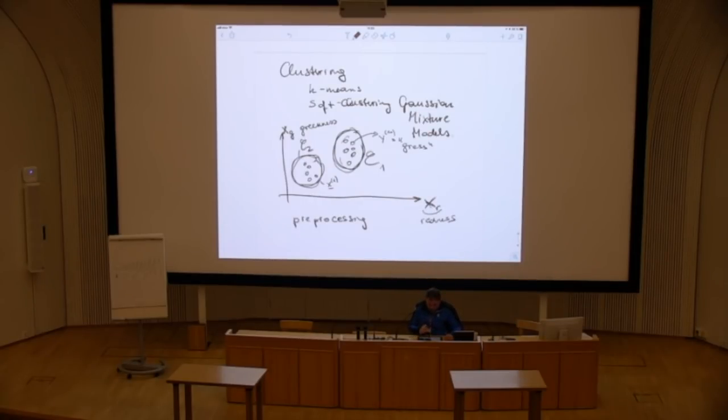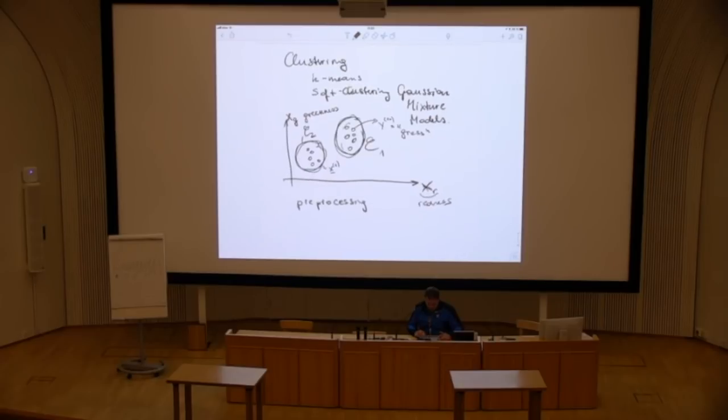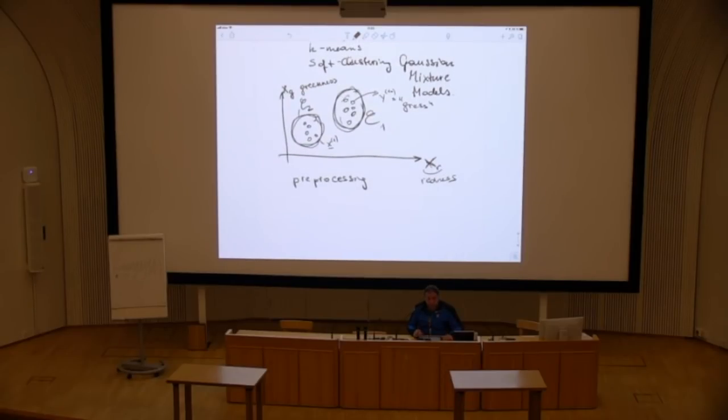How could we characterize cluster 1? Yes? Yeah, so the images are very green and very red. So we could try to find the cluster mean, the mean of all data points in this.